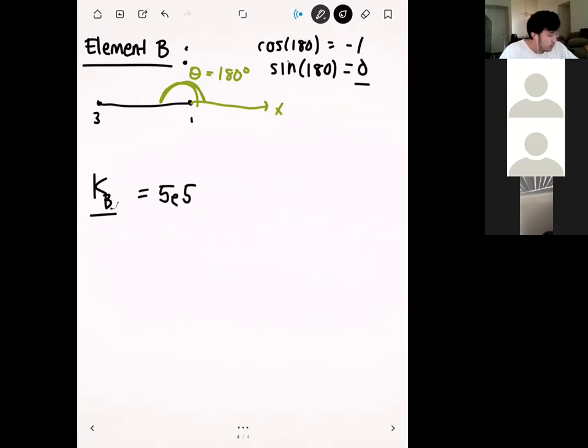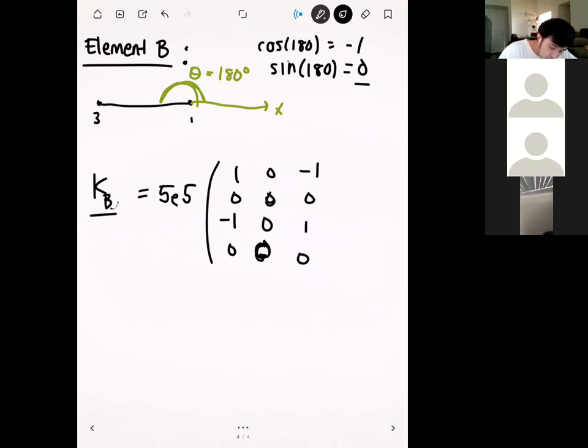Okay. So element B has half the length, so that's why we have a bigger number out front. Right? And then we have 1, 0, minus 1, 0, 0, 0, 0, 0. Okay. Minus 1, 0, 1, 0, 0, 0, 0, 0.